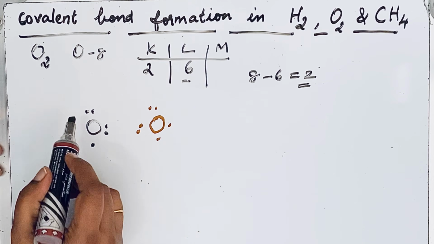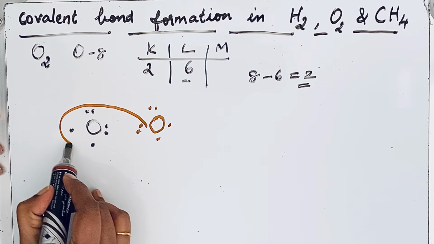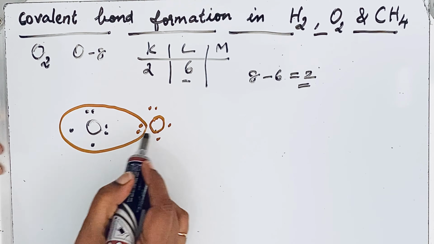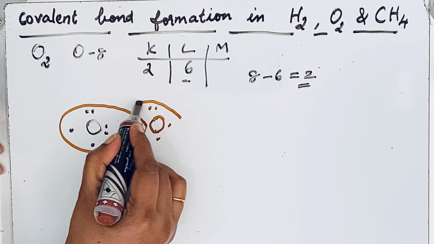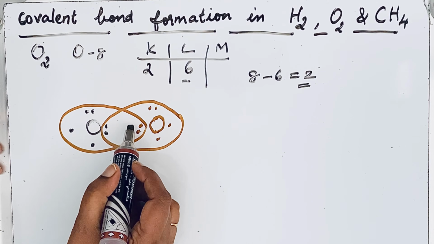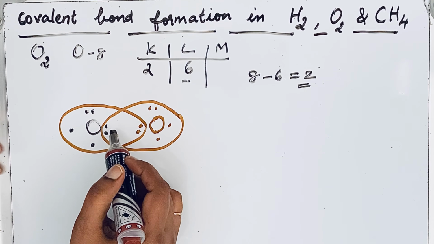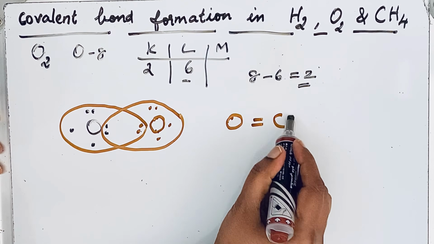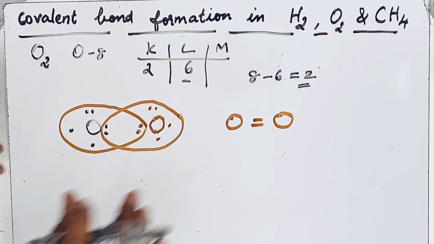Now this oxygen atom will share 2 electrons with the other oxygen atom, and the other oxygen atom shares likewise. How many electrons are shared here? 2 pairs, 1 and 2. So there is the formation of a double bond, O double bond O. In that way, it completed its octet configuration.